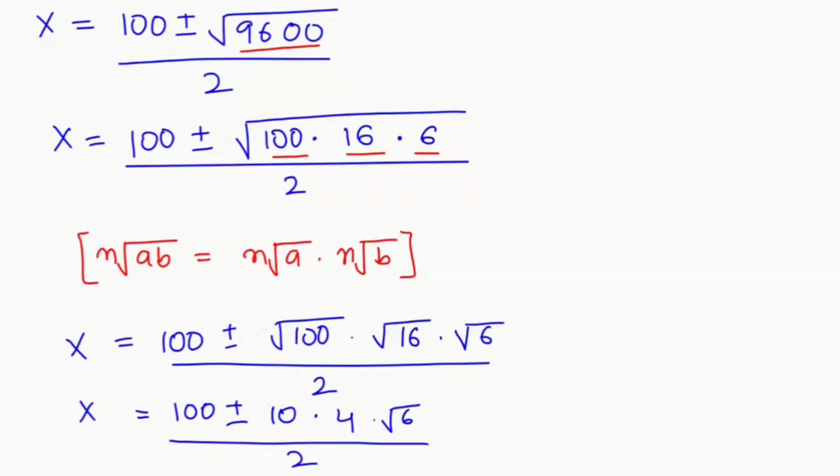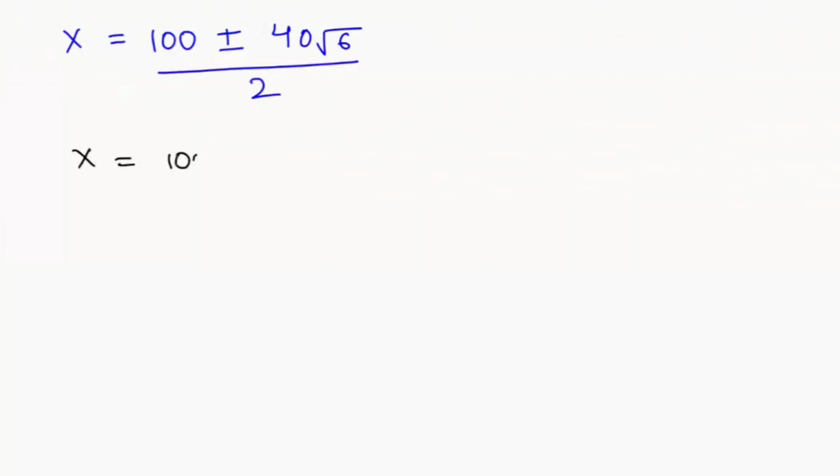Now, in the next step, this will be multiplied. So this will turn to x equals 100 plus or minus 40 root of 6 over 2. Now this 2 divides both terms in the numerator, so I am going to separate the fraction: 100 over 2 plus or minus 40 root of 6 over 2.